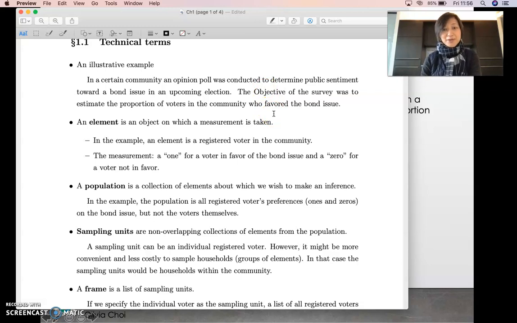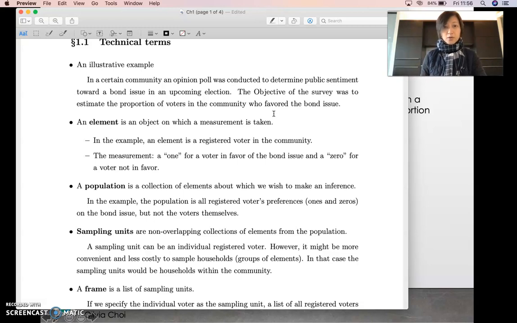Okay, this is a very US American example. Usually, before the election, people want to know how people feel on the bond issue, because the bond issue might affect the economy by the monetary policies, right?